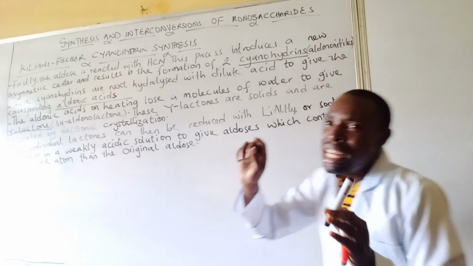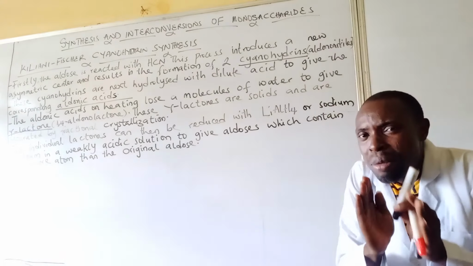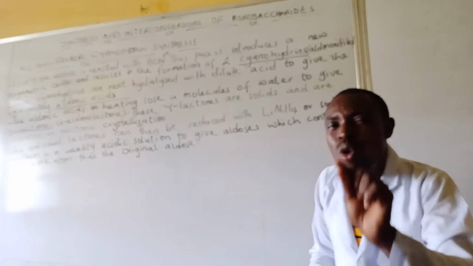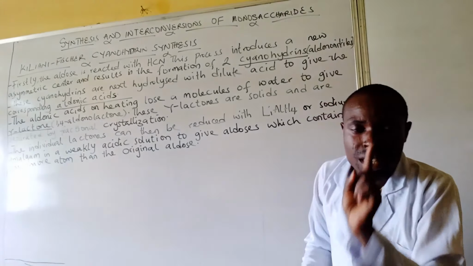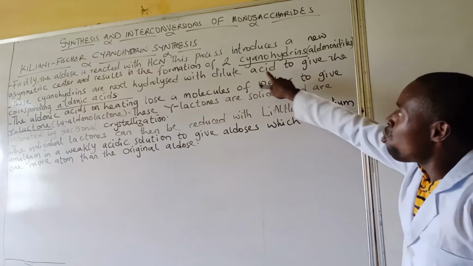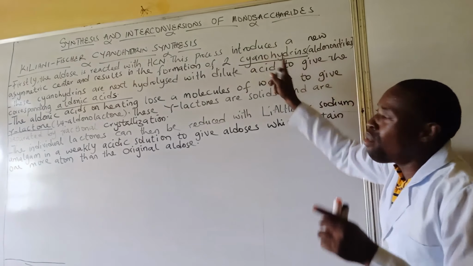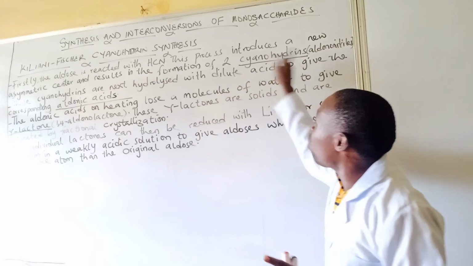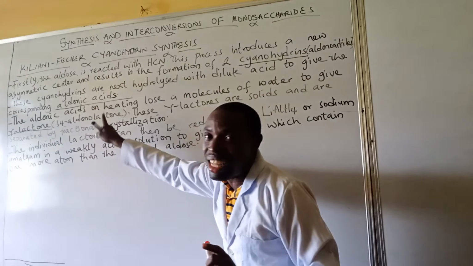And that is where this issue of epimers comes in. Epimers are sugars that differ in only one carbon center or one carbon configuration, and that is where the two cyanohydrins fall in place, because an epimer will be introduced by the new asymmetric center that was formed.